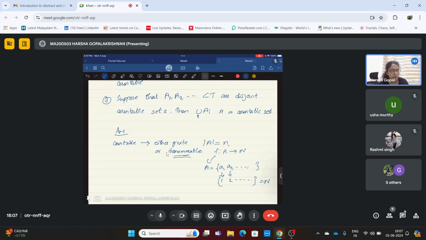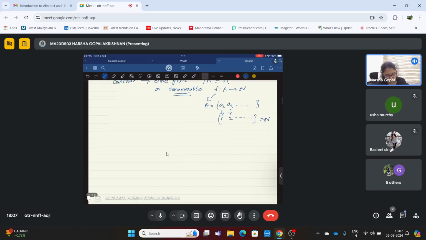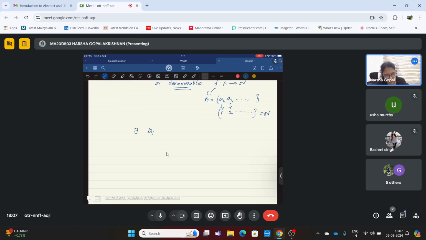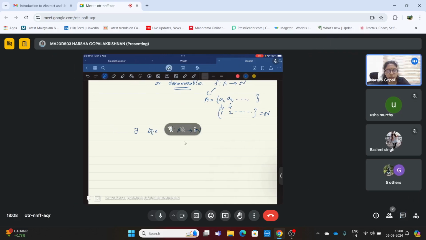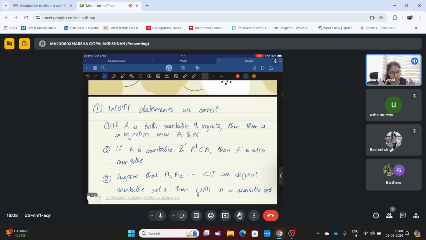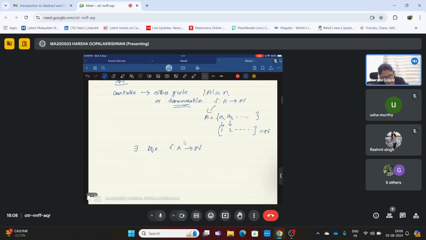Countable and infinite means there exists a bijection from A to N or N to A, in any sense we can say, because a bijection has an inverse mapping. Clear? Okay. So that is why the first statement is true. If A is both countable and infinite, then we can have a bijection between A and N. So it is a true statement.